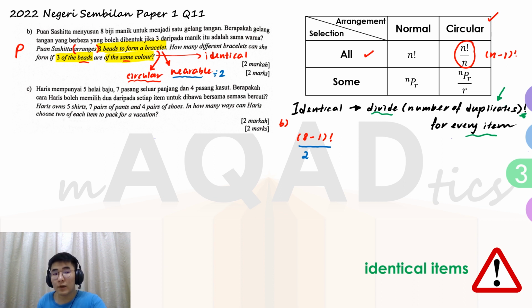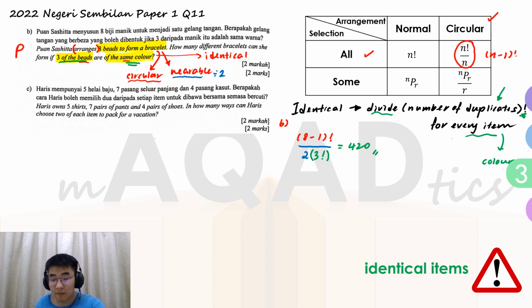So going back to our question, every item here you can think of as every color which has duplicates. We only have one color that has duplicates, correct? So here we only need to divide by 1 factorial, and the number of that factorial would be the beads, which is 3 of them. So we just need to divide by 3 factorial. So here you get the answer, which is 420.